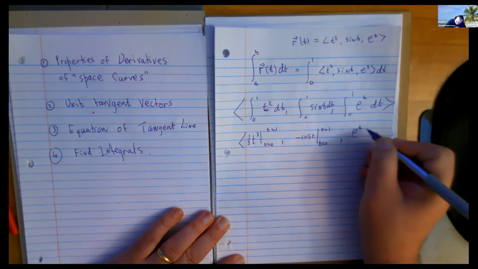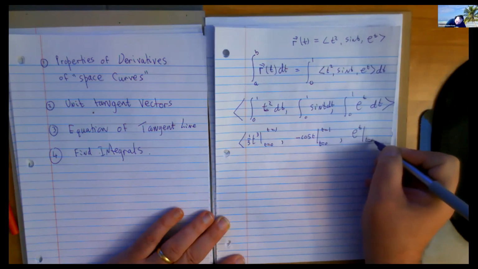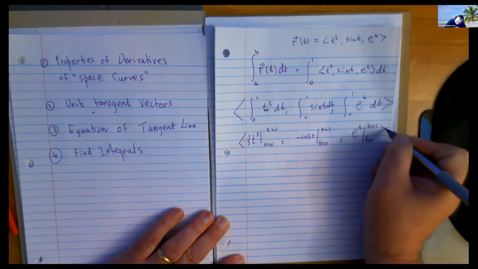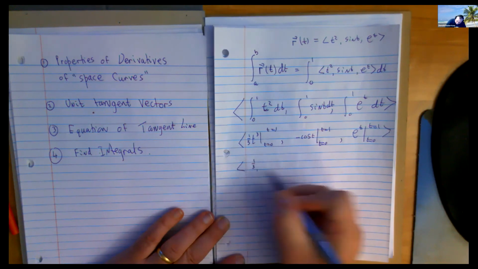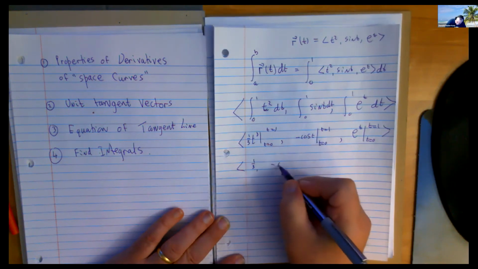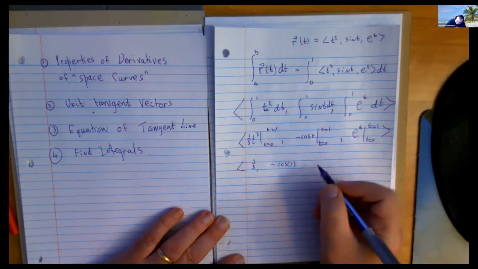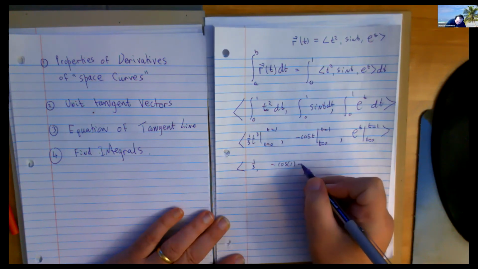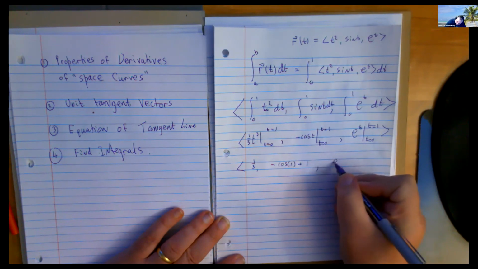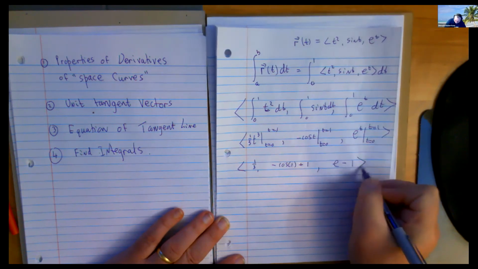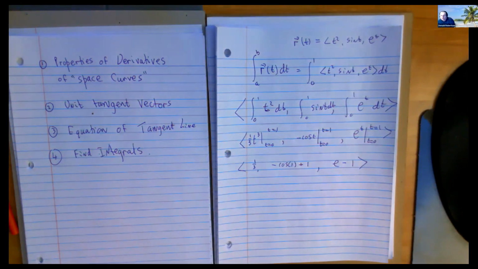Just e to the t evaluated at t equals 0 to t equals 1. Okay, a third, takeaway nothing gets you a third. Negative the cosine of 1, takeaway, a takeaway means you add, cosine of 0 gets you 1. And this fella gets you what? e, takeaway e to the 0, which is 1. Okay, it's not the prettiest answer in the world, but that's what the integral is.